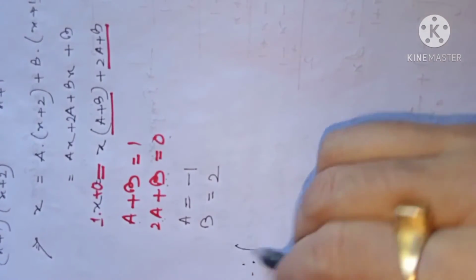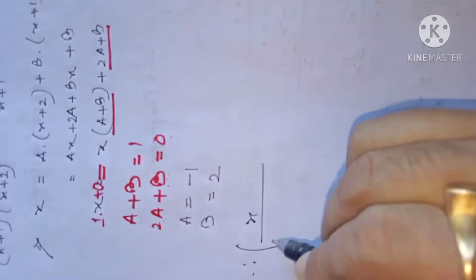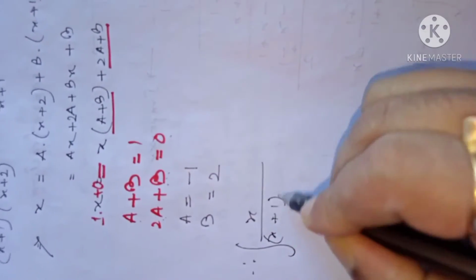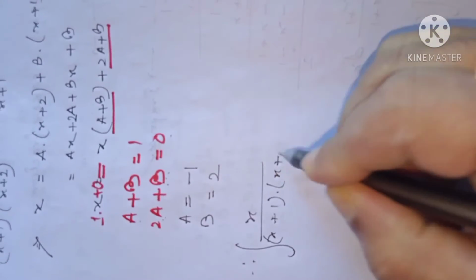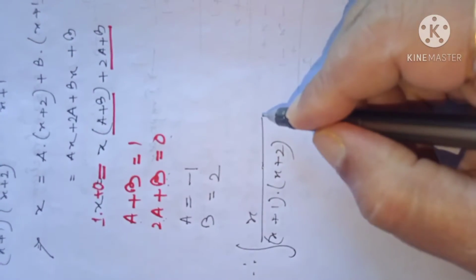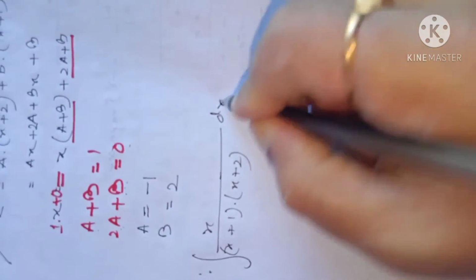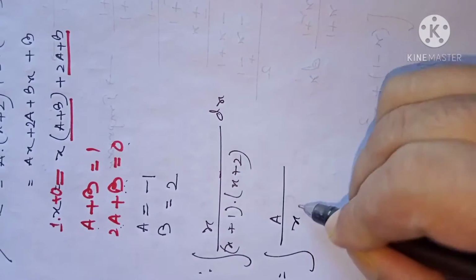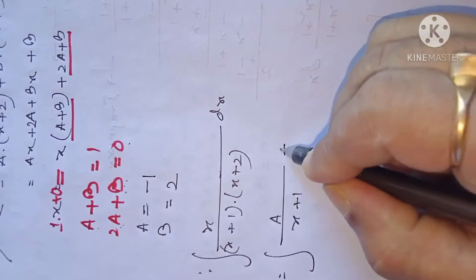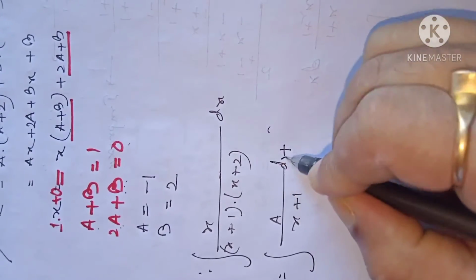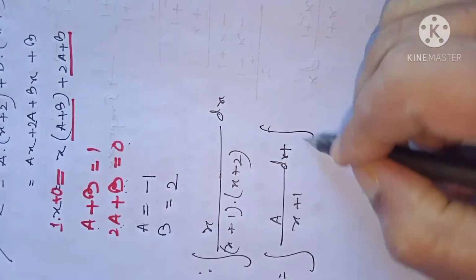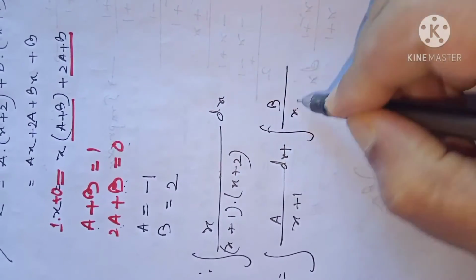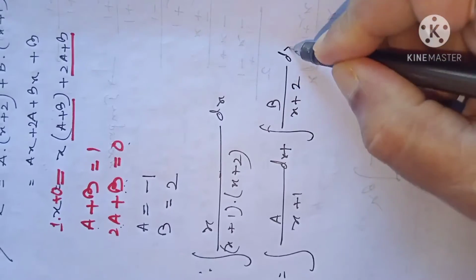Therefore, our original expression x by (x plus 1)(x plus 2) dx will become the integration of a by x plus 1 dx plus the integration of b by x plus 2 dx.